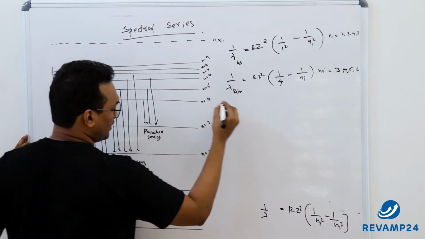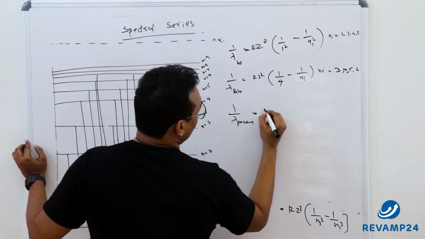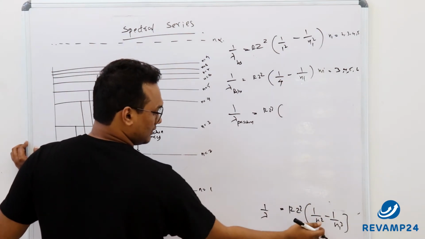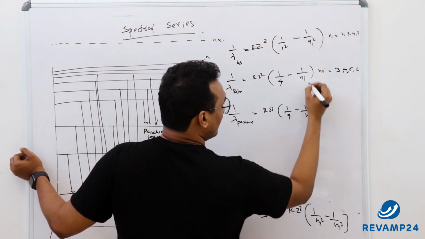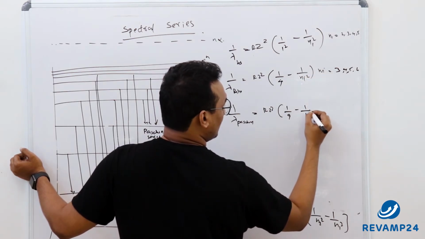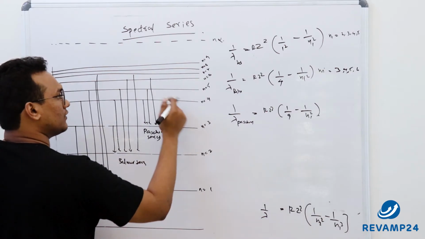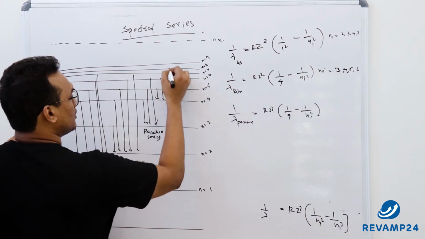What should be the equation here? 1/λ Paschen is equal to R Z² into 1 by 3 square, 9, minus 1 by n initial square. Similarly, when electrons come to n equal to 4, these are called Brackett.